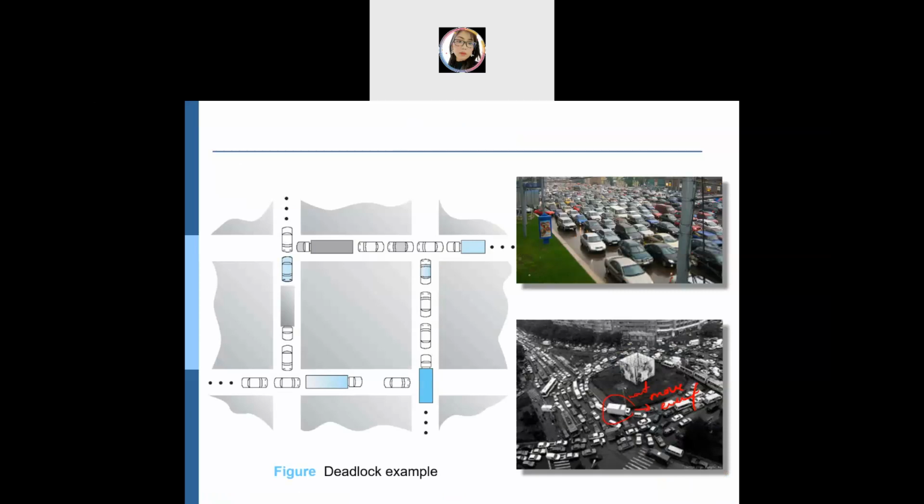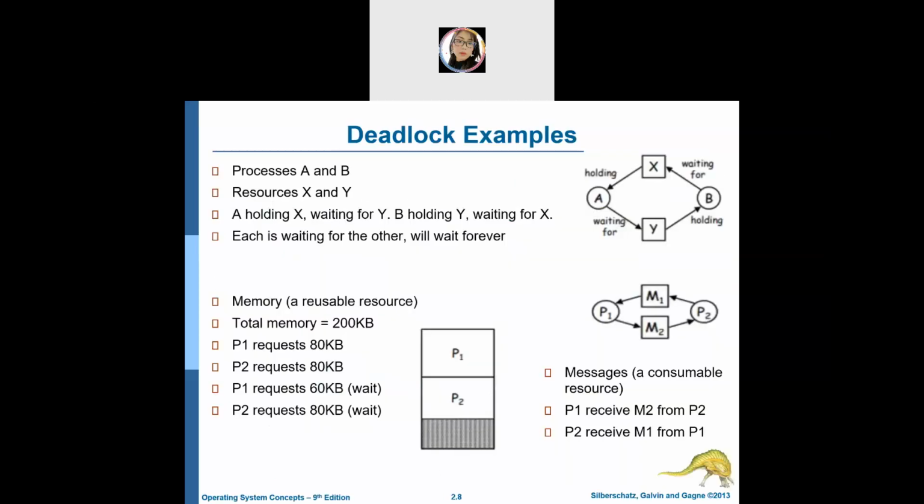Similar is this example of a traffic jam. There are a lot of other examples that you can see on deadlock. So here, let's say you have a process A and a process B, and your resources are X and Y. A holds X, waiting for Y. Let's see the picture.